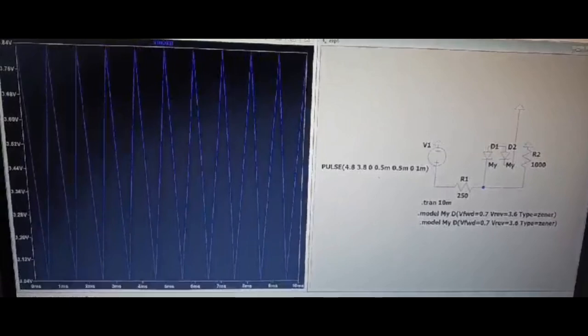Okay, so now for the connection of multiple Zener diodes, I'm going to connect two identical Zener diodes in series, which doubles the regulated voltage from 3.6 to 7.2 volts. However, this configuration also narrows the effective regulation range for load resistance.